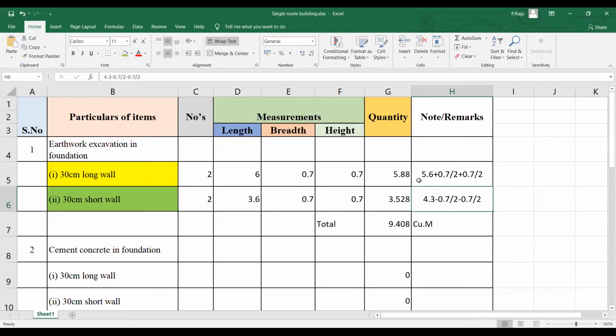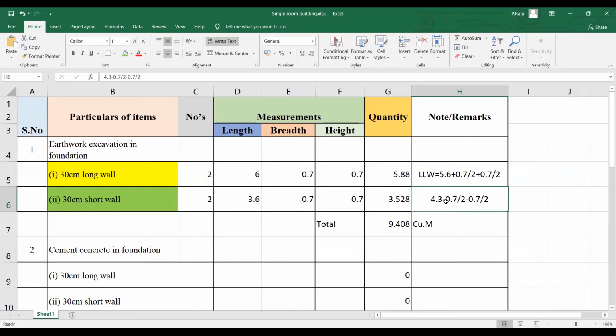This is the length part. So this is how we will write: length of long wall LLW is equal to this, and length of short wall LSW is equal to this. So this is how I am going to mention the length of long wall and length of short wall here. So how we have obtained the length, I am going to mention it here.